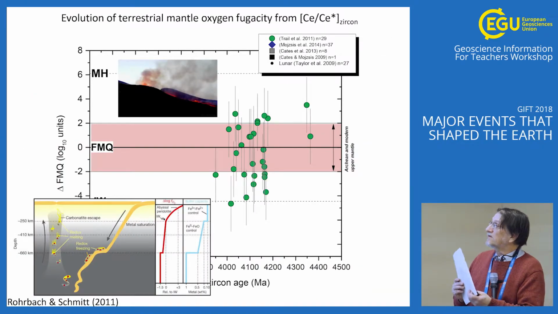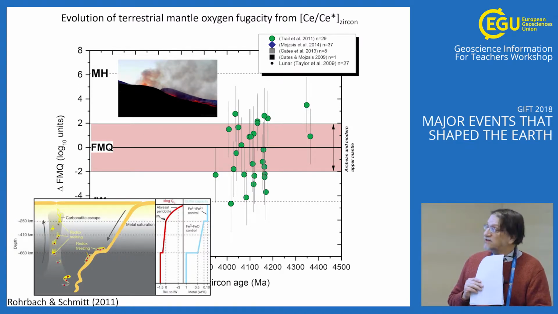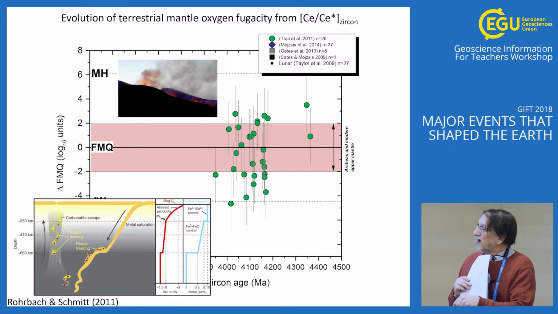What Moises put together is this idea that there is something he called the oxygen barometer, using cerium as an indicator. Looking at these zircons that you've heard about already, you can determine the ages of those zircons using lead and uranium. If you compare that, this is one of the buffers for the oxygen, the oxygen fugacity.